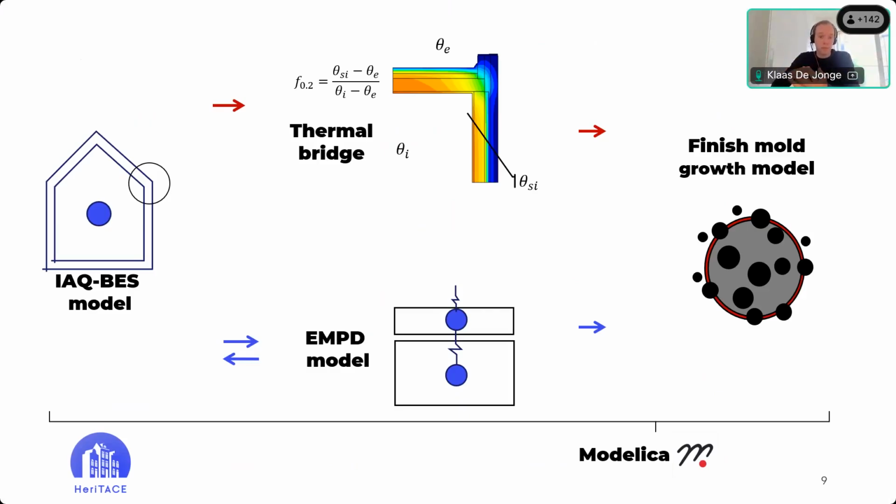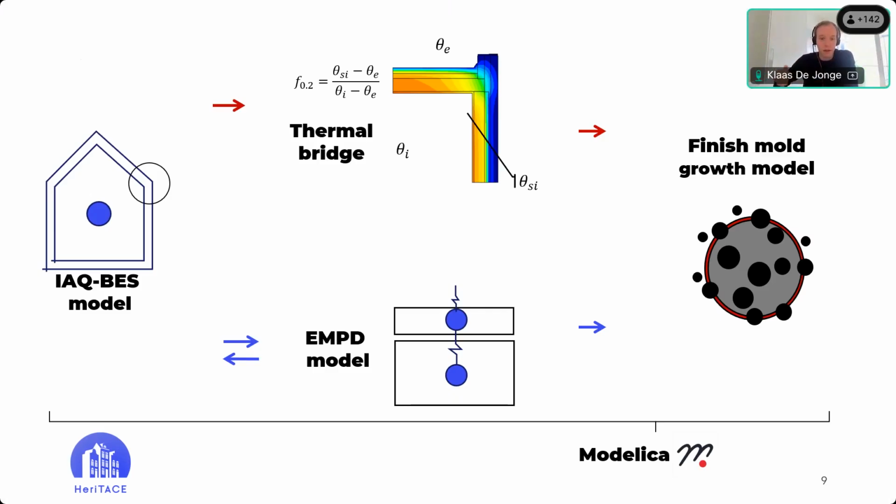Then we couple an EMPD model to it, a moisture buffering model, which makes sure that the relative humidities in the space are representative and realistic. And then we implemented the Finnish mold growth model within the environment. So we coupled everything to have a mold growth index as an output of our simulation models.